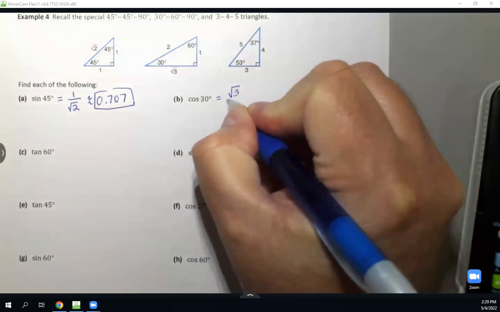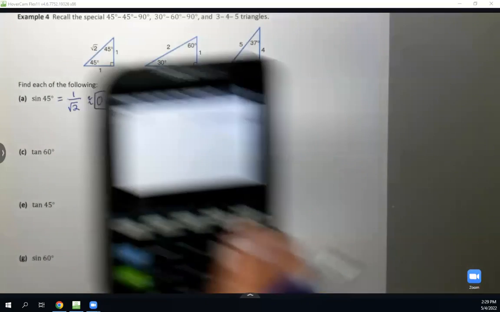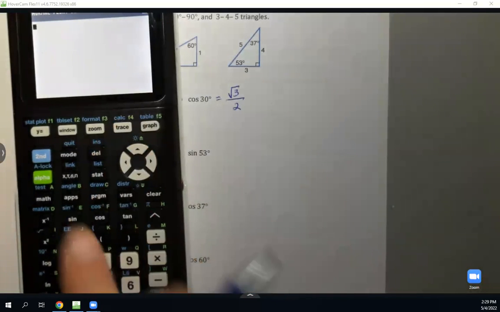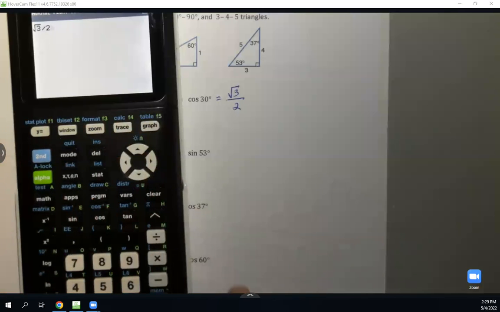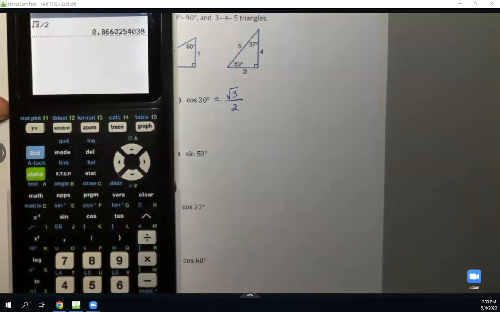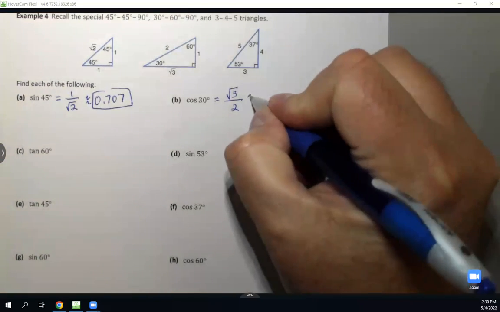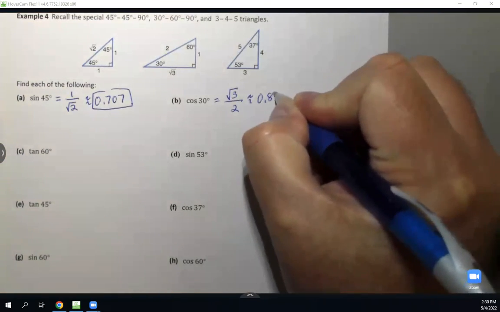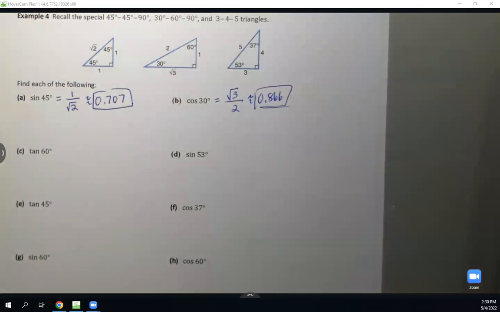That would be the square root of 3 over 2. If I do the square root of 3 divided by 2, make sure you get the 2 out from underneath the square root, and that is about 0.866. Make sense?